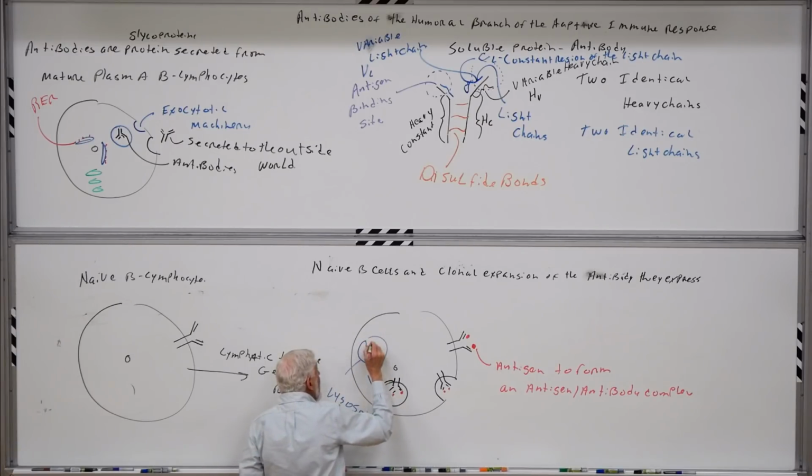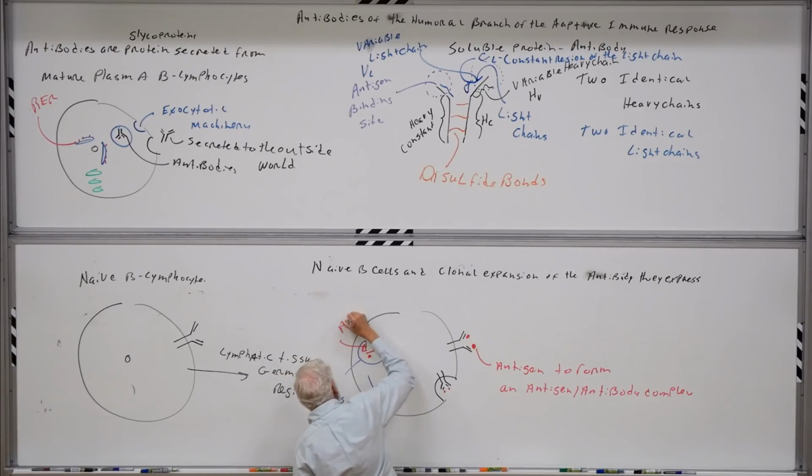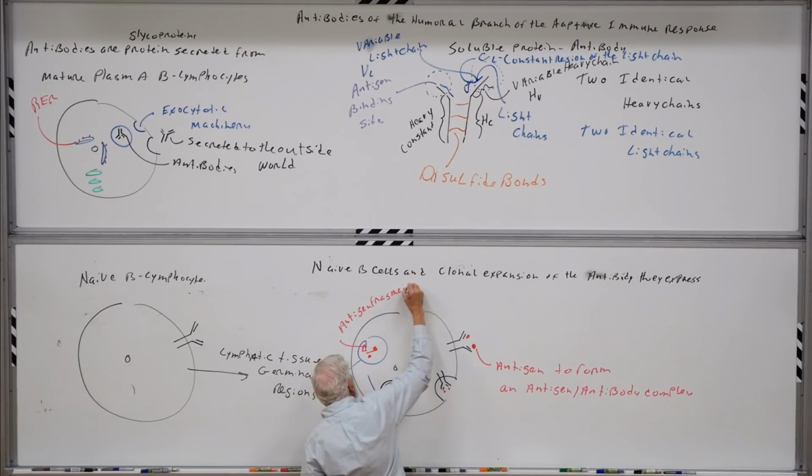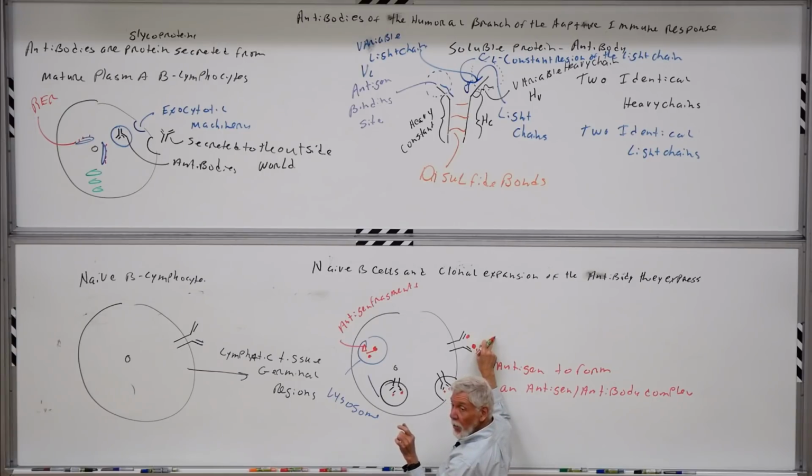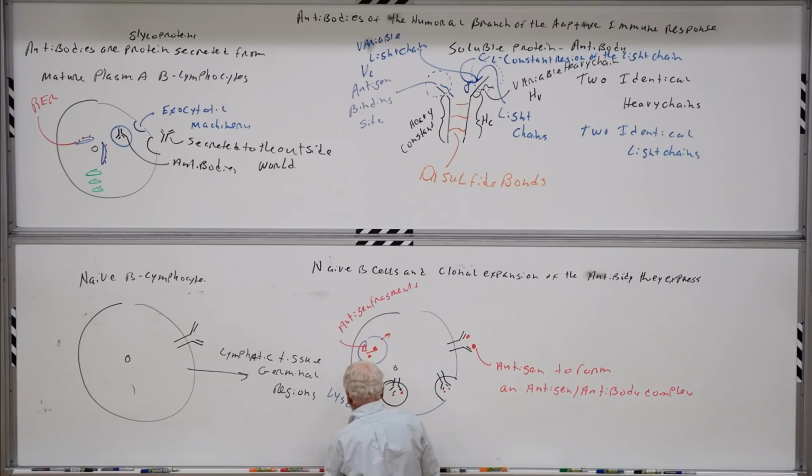The antigen and the antibody come apart, but now this antigen is converted to fragments. These antigen fragments are probably no more than 16 to 20 amino acids long, so just short snippets of the protein that was bound to the antibody out here. Then, as we saw before, these proteins are passed into a structure known as the endosome.